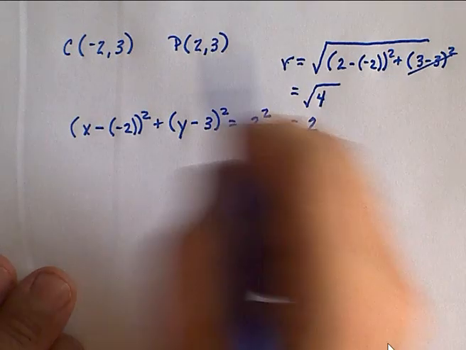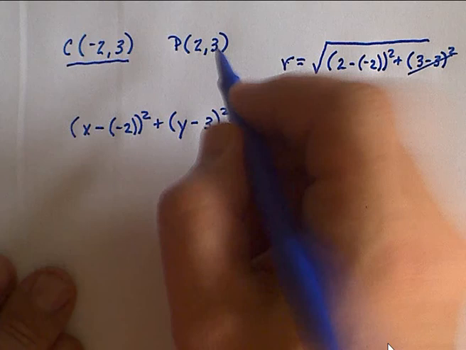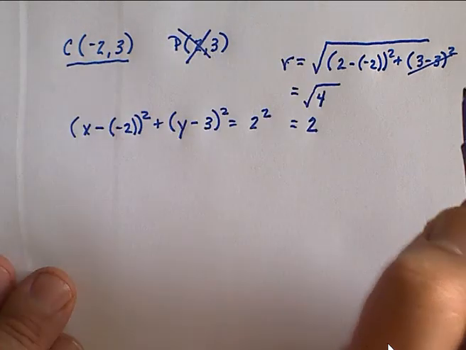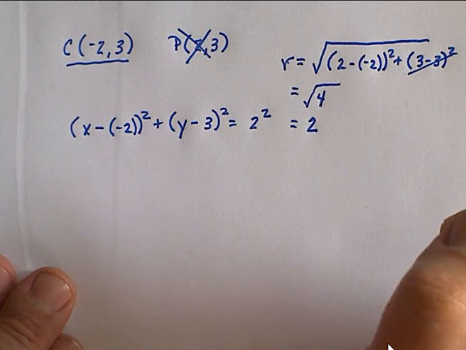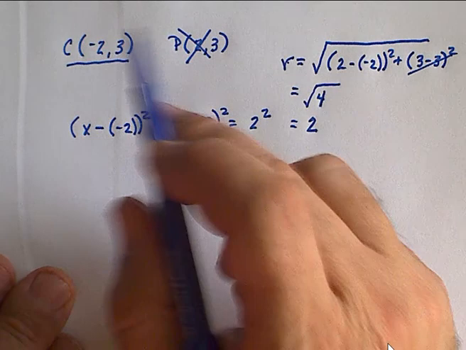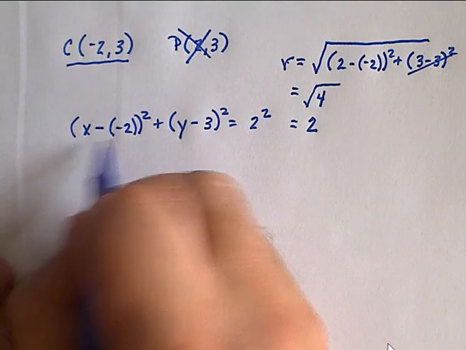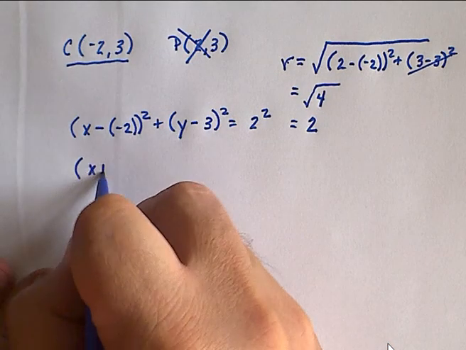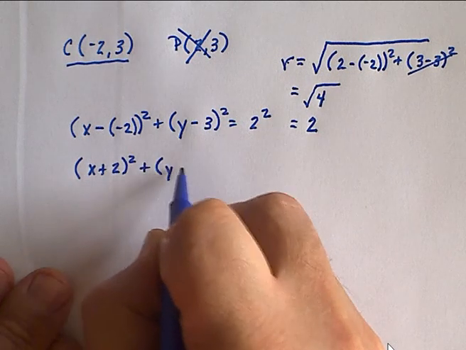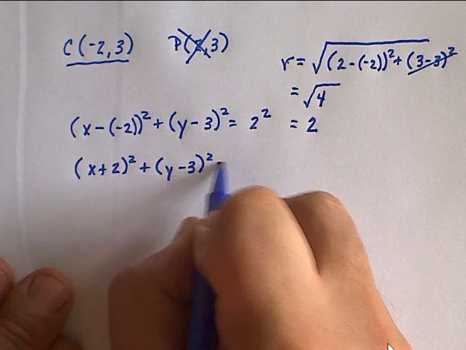Now notice that I'm using the center. Once I found the radius, I don't need that point anymore. Don't use that as your center. That was just for the purpose of finding your radius. Then go back to the center. The double negative here changes to a plus. And so there's your equation.